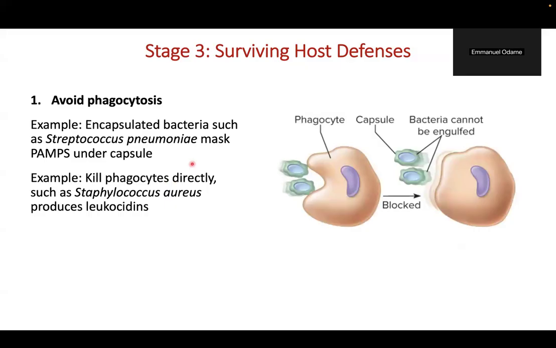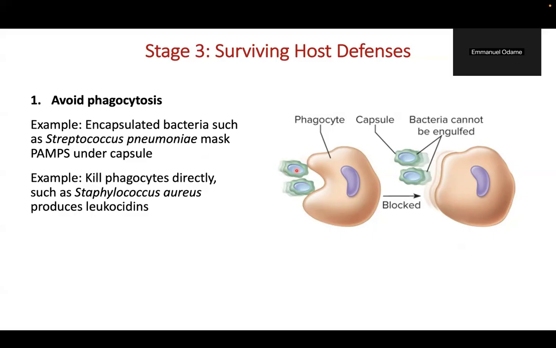The first one is to evade phagocytosis. An example is an encapsulated bacterium such as Streptococcus pneumoniae, which puts all the PAMPs present on its surface under the capsule, so the phagocytic cell cannot recognize the PAMPs, engulf it, and degrade it.